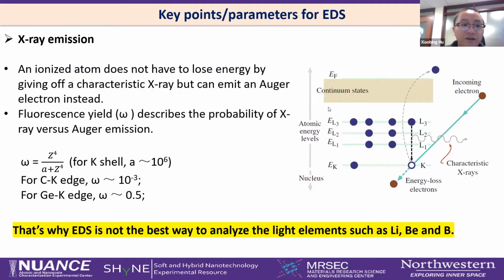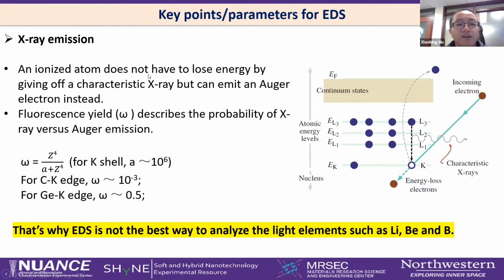So the first thing, I will cover something about the X-ray emission. As you know, most people will tell you EDS is not the best way to analyze light elements like lithium and boron. But why? What's the reason? You need to understand this.